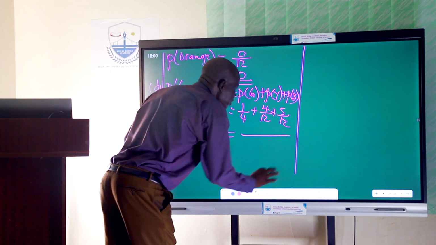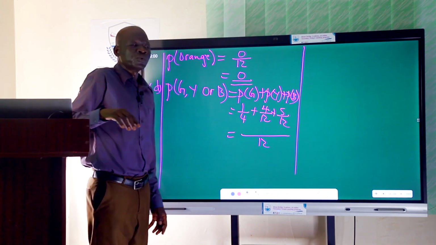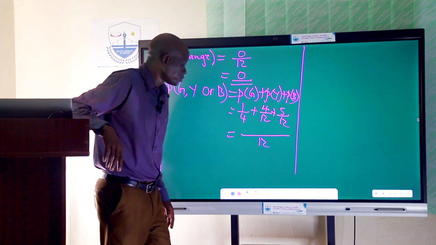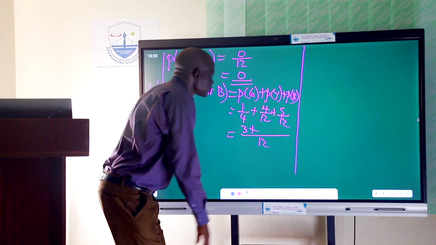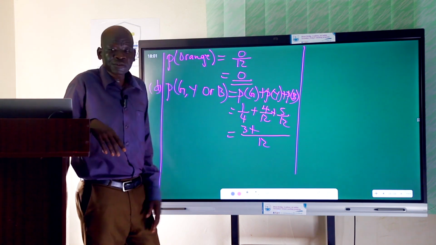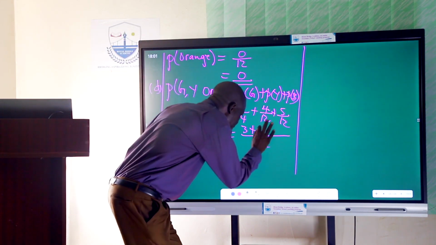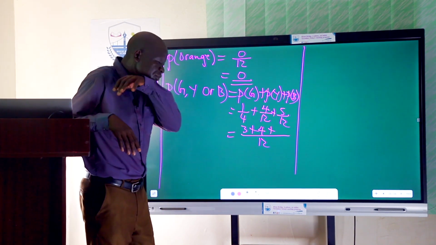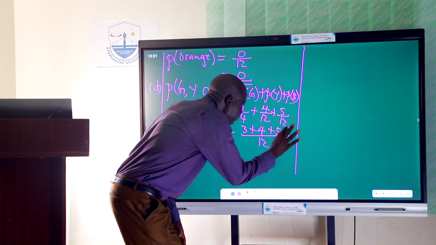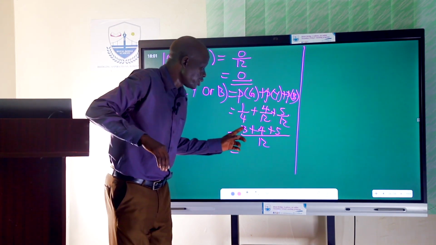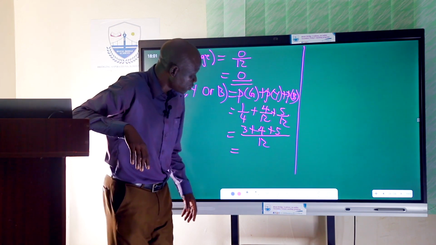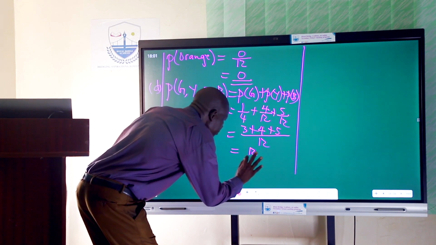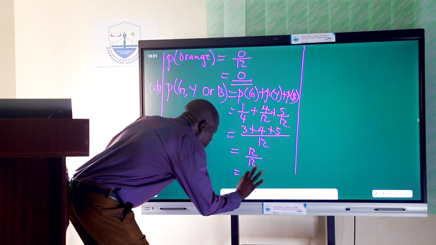In this case, the LCM is 12. 12 divided by 4 is 3, 3 times 1 is 3. 12 by 12, we get 1, and 1 times 4, we get 4. 12 divided by 12, we get 1, and 1 times 5, we get 5. This gives us 3 plus 4, 7 plus 5, we get 12 out of 12, giving us 1.